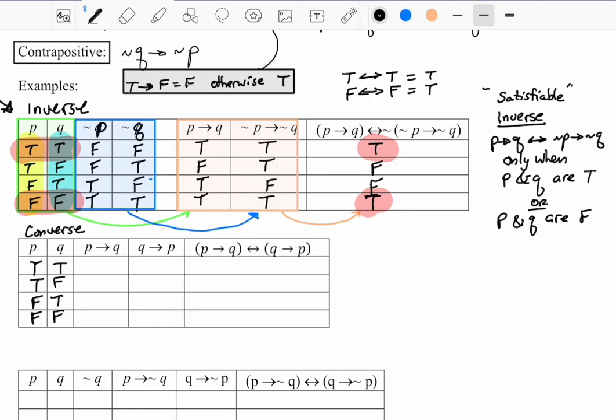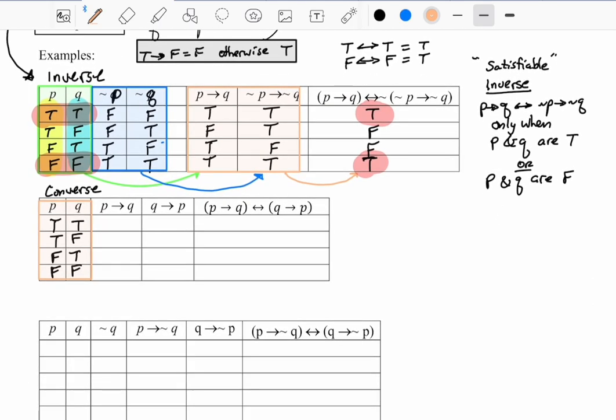We look at the first two columns here, these two, and this is going to help us figure out both the third column and the fourth column. So again, the only time a conditional sentence is false is if the premise is true and the conclusion is false. So true, false, true, true.